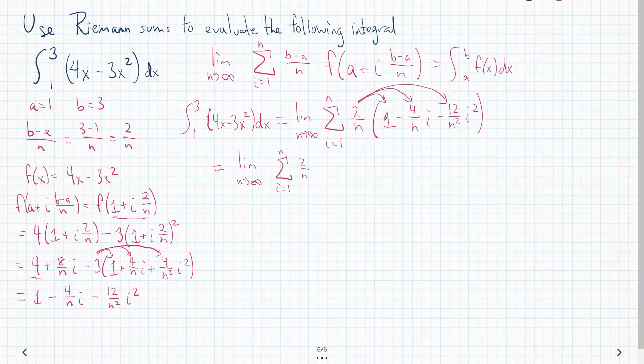Then our next sum, I'll put plus our second sum, we'll talk about the minus in just a second, I equals 1 to n of negative 4 over n I, and then plus a summation I equals 1 to n of negative 12 over n squared I squared.